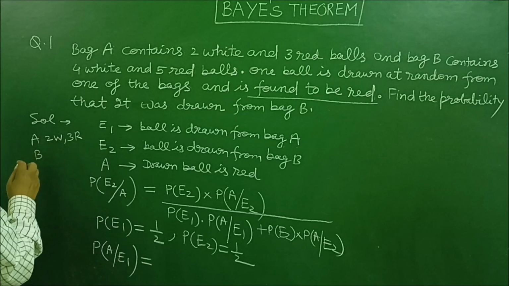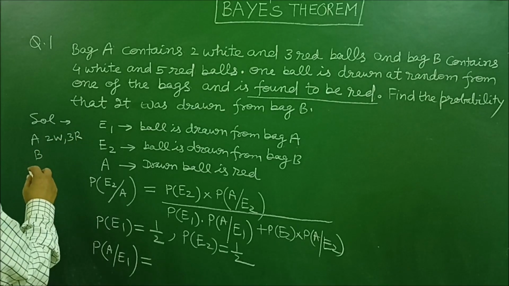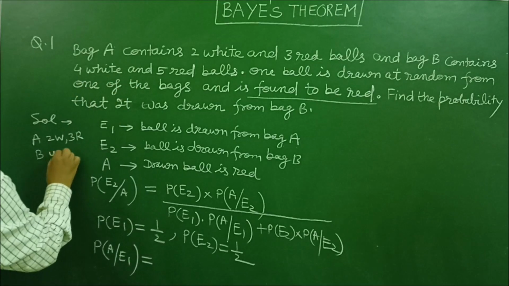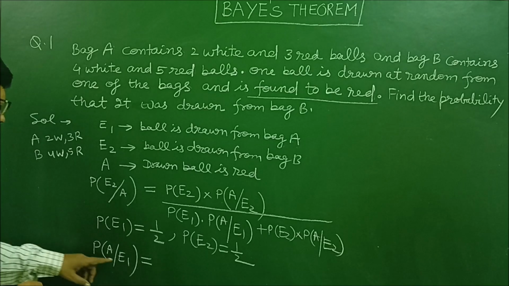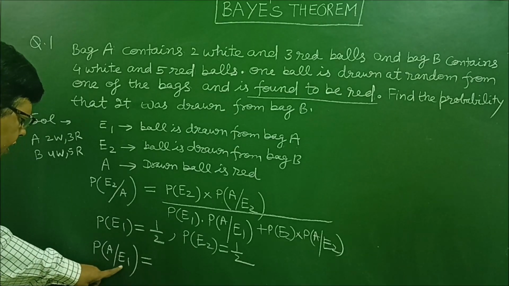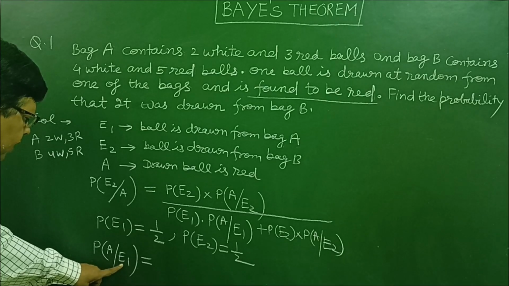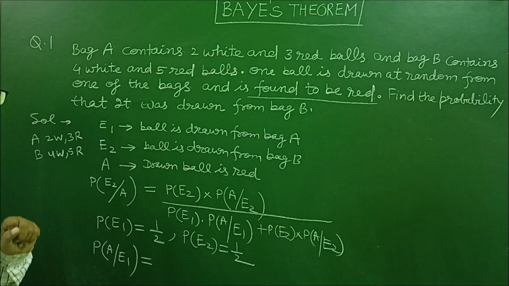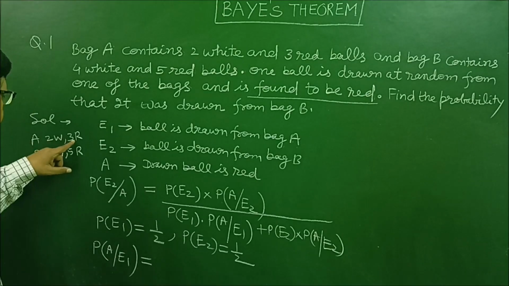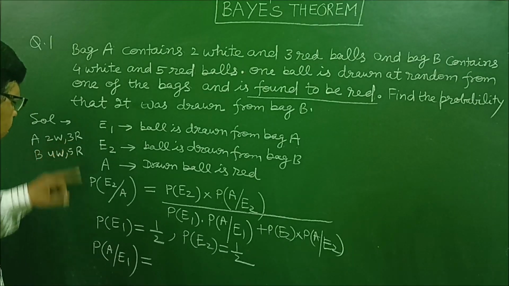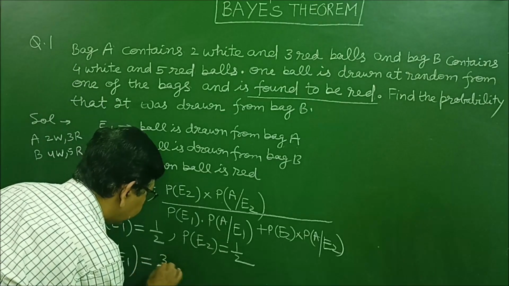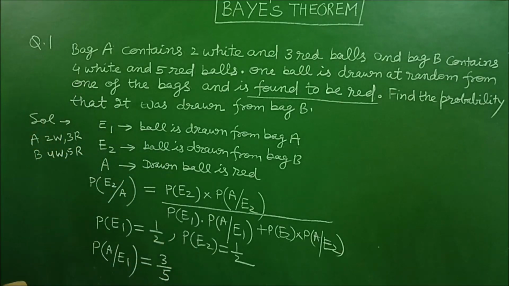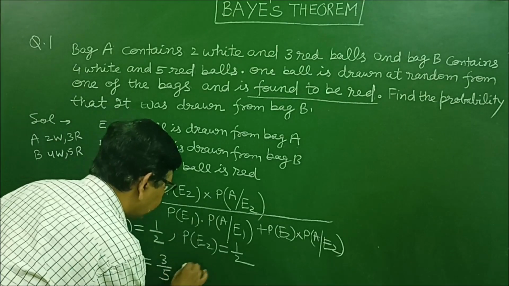B bag has 4 white and 5 red balls. Now first bag is selected, event has occurred, that is first bag is selected and drawn ball is red. So first bag has 3 red balls and total 5 balls. So the probability of drawing a red ball is 3 upon 5, 3c1 upon 5c1.